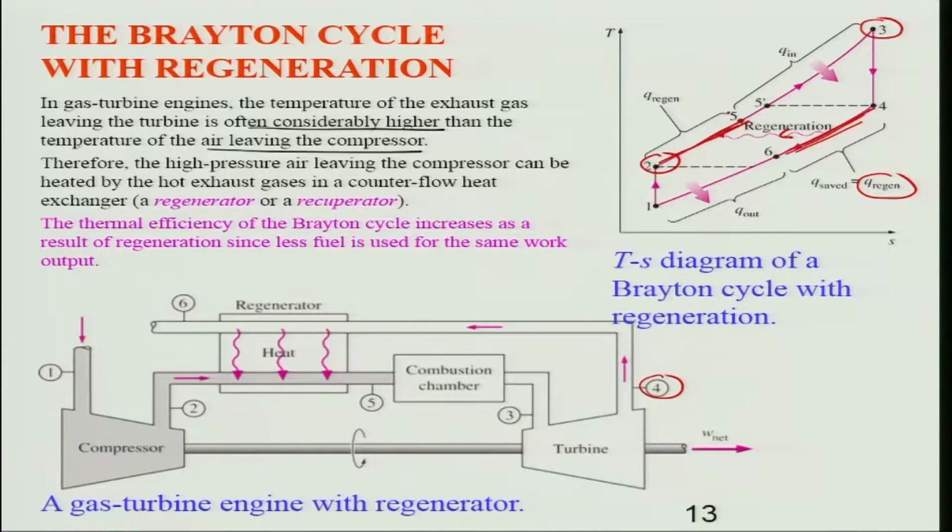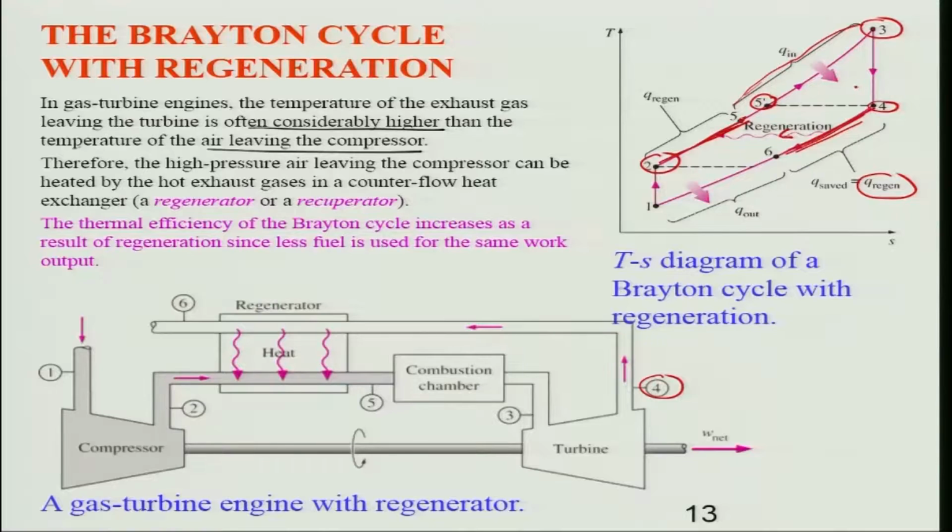Thus you are saving this much energy, okay, and the effective Q in is nothing but from 5 to 6. So 5 is an actual point where you can take it, but theoretically you can raise the temperature till 5 dash, which is equivalent to 4, where this 4 is nothing but your exit of turbine.